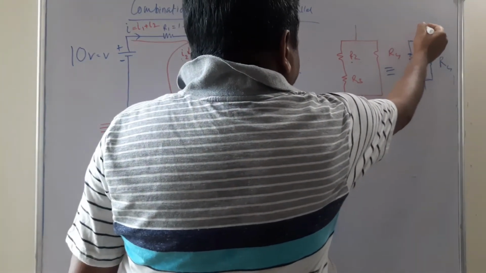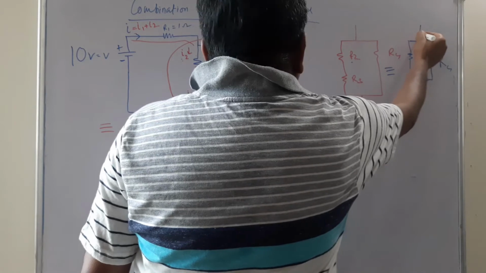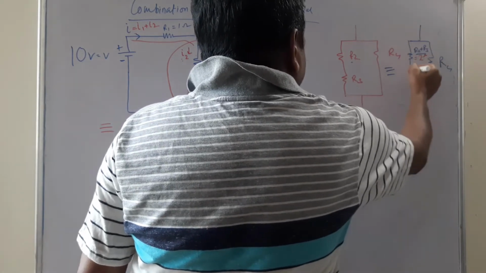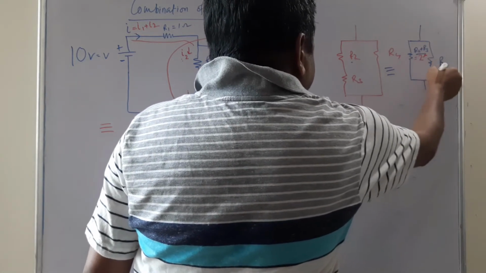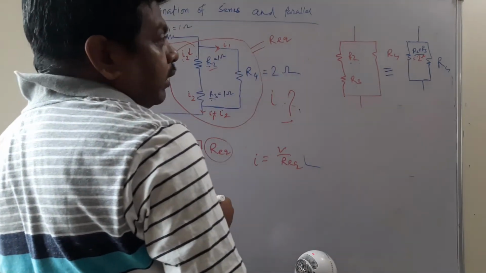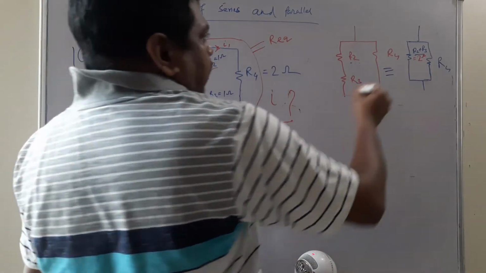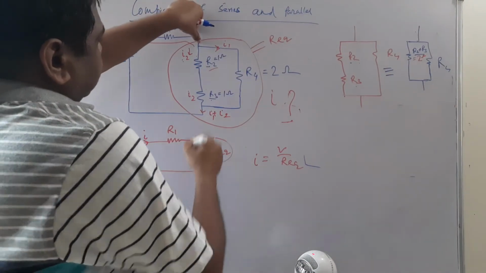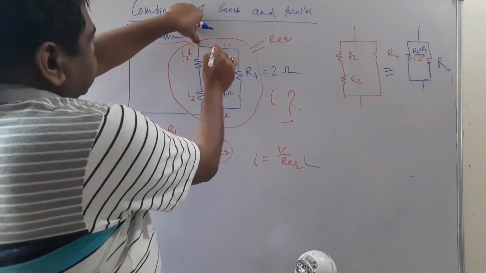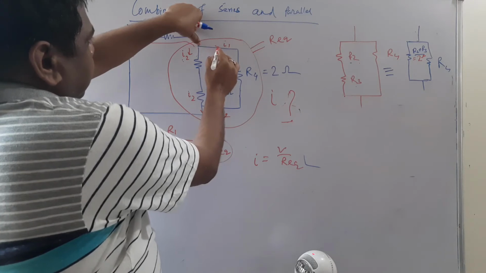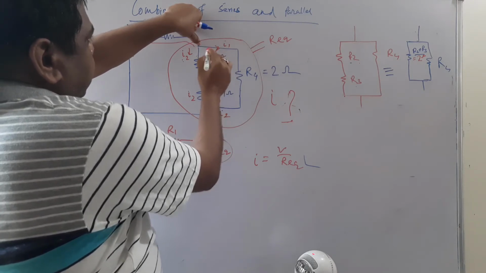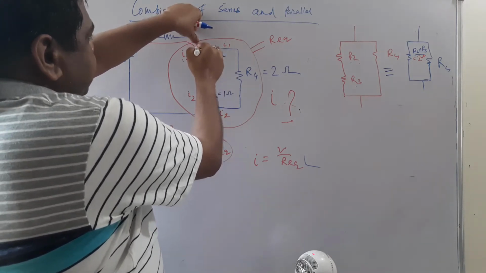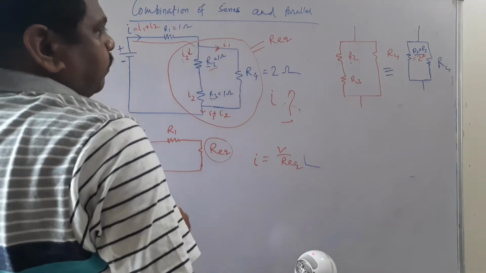Now if you see that this resistance and this resistance are in parallel. Why? The current which was entering here has been divided in two parts. One is this path and another is this path.